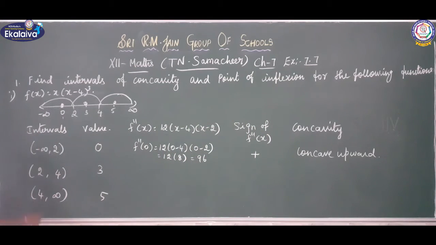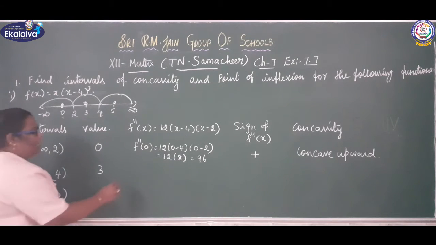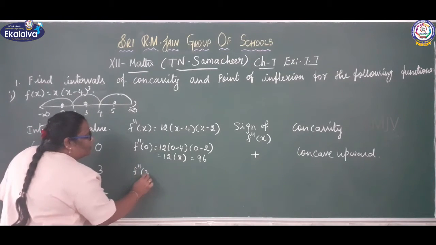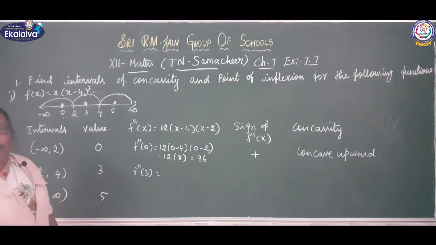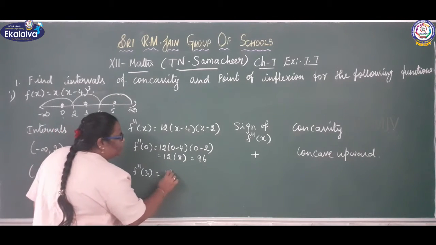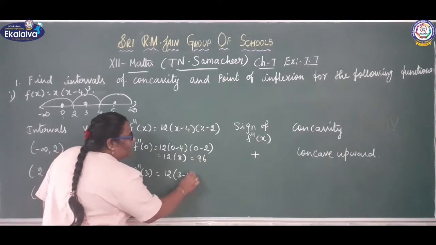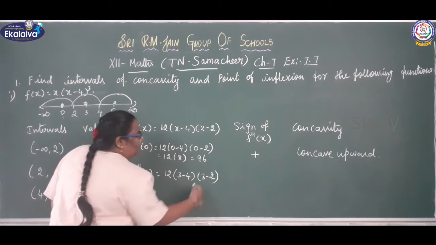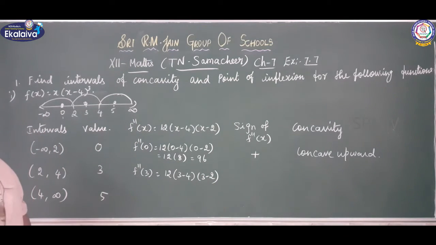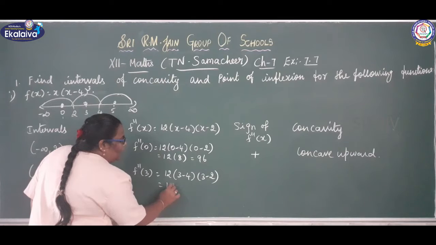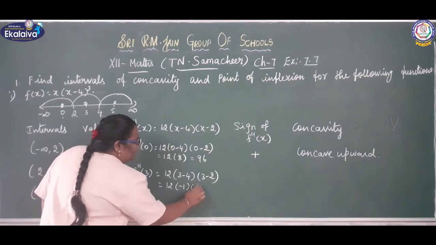2 to 4 is what? 3. f double dash of 3 equal to 12 into 3 minus 4 into 3 minus 2, 12 into minus 1 into 1.